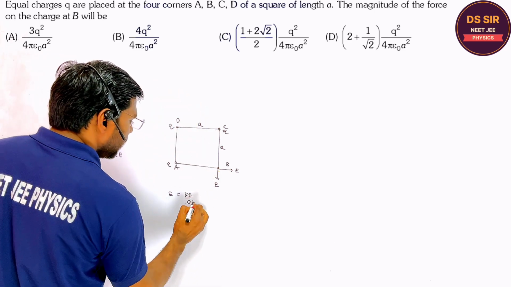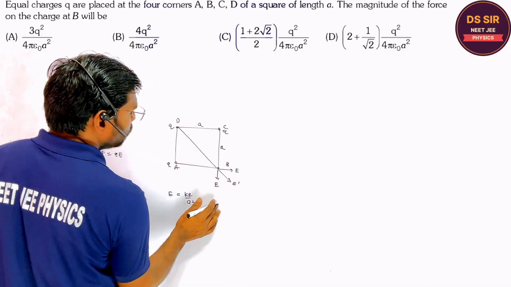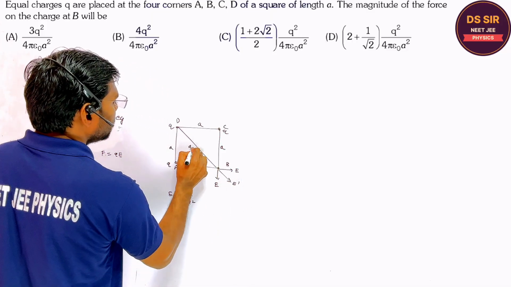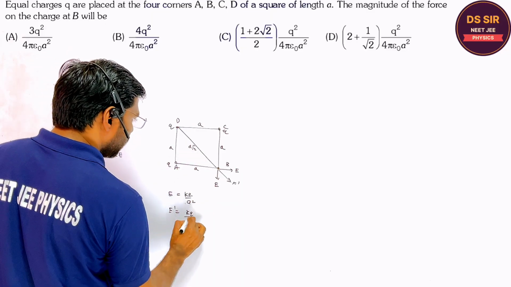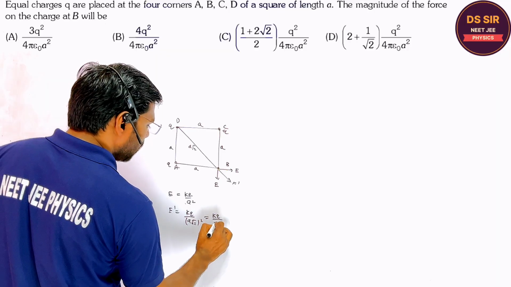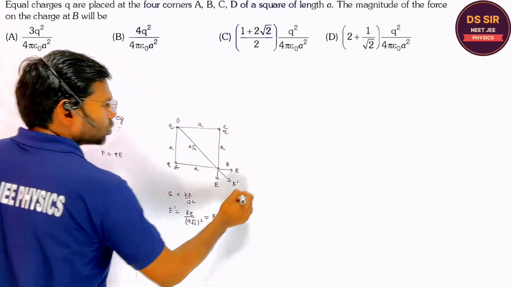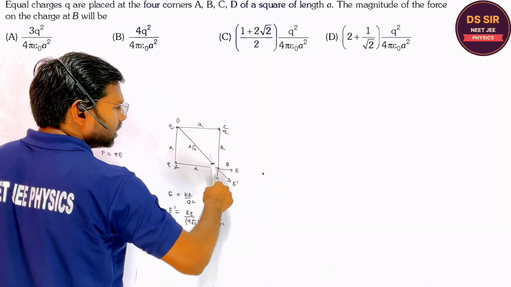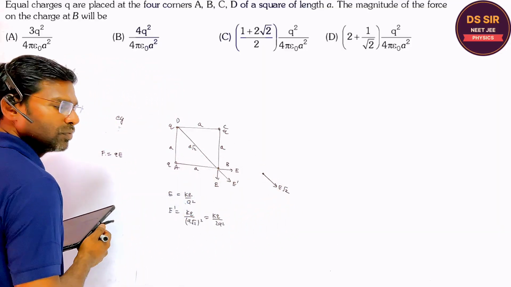KQ upon A square. And because of this charge, the electric field is what? Assume it to be E dash. It is A, it is A, it is A root 2. So the E dash value is nothing but KQ upon A root 2 whole square. This is KQ upon 2A square. Is it clear or not, you tell? So this is the point, E and E, and this is nothing but E root 2, right?